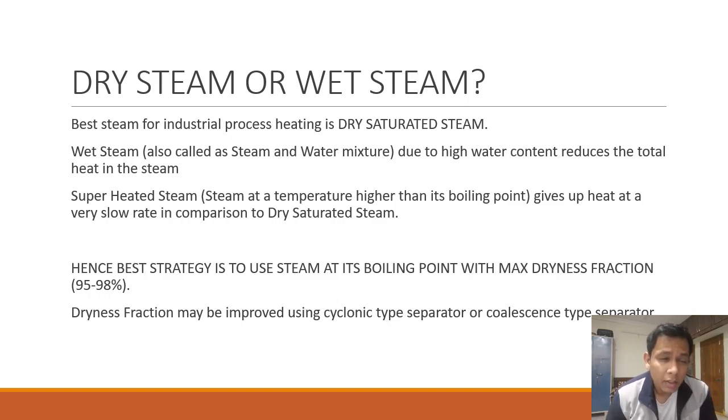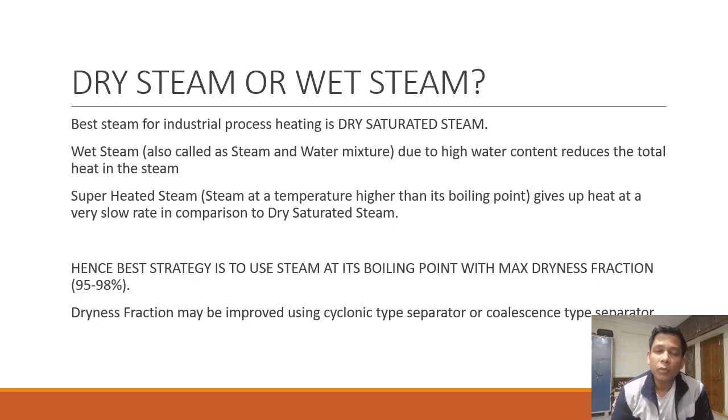On the other hand, superheated steam, that is steam at a temperature higher than its boiling point, gives up heat at a very slow rate, because the actual amount of heat energy is transferred at a very fast rate when there is a phase change.